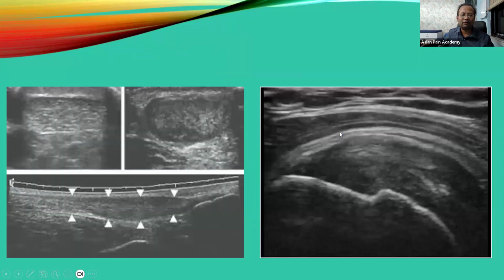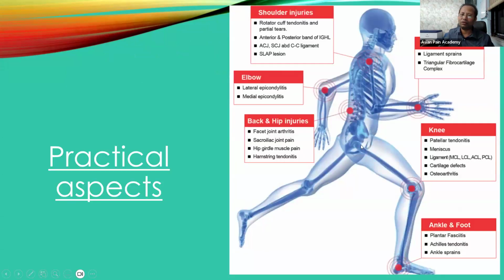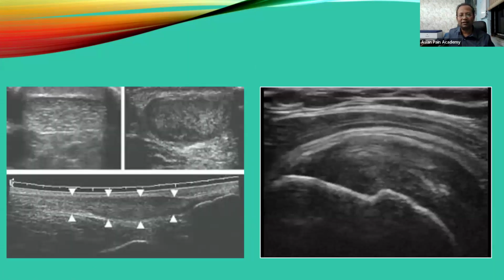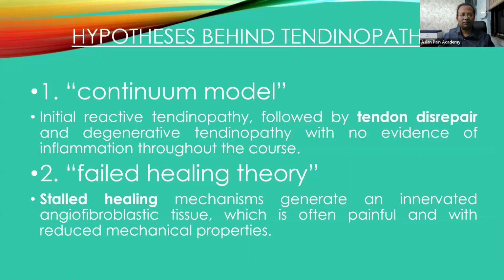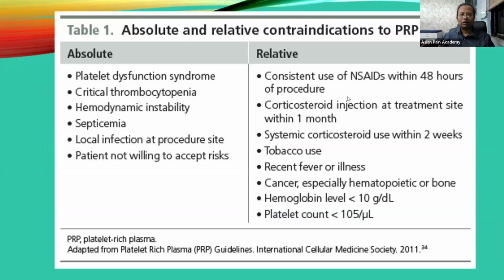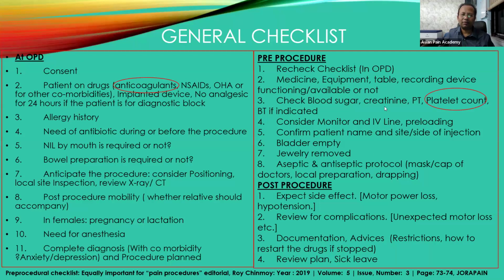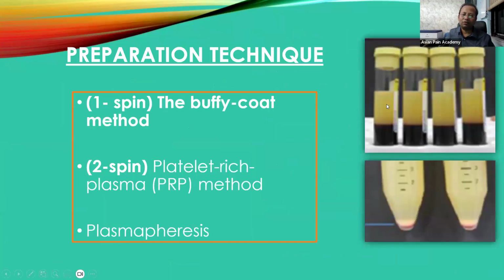How practical aspect you have understood, mainly the tendinopathies, of course, in different joints also we are using the platelet. And our intention is to regenerate. Here, one important thing is the one spin method: just take the blood, spin once, and you will get a gel in between. Below the gel is all RBC.